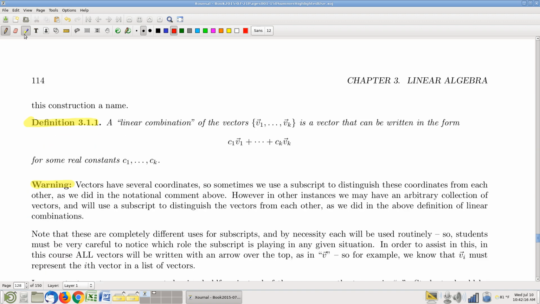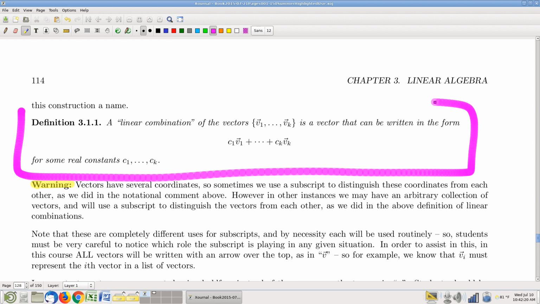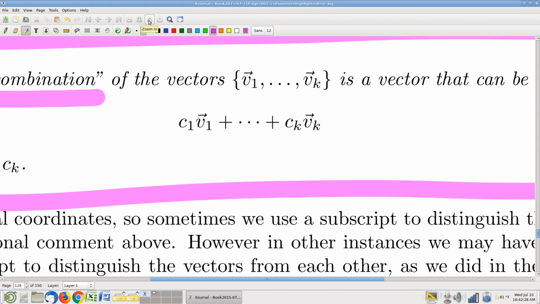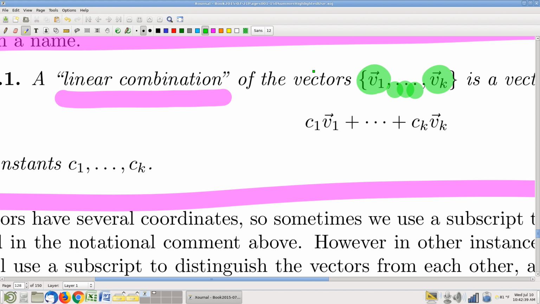a quick definition I want to make, and this is just terminology, but I need to define the term linear combination. I'll be using that term linear combination a lot. Let me point to that real quick. A linear combination, if you give me a list of vectors, v1 through vk, a linear combination of those vectors is an expression of this form.